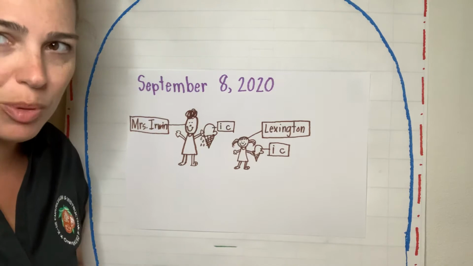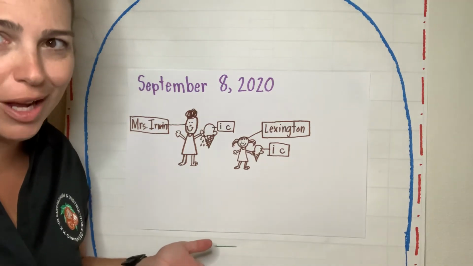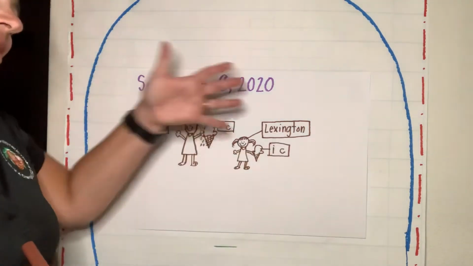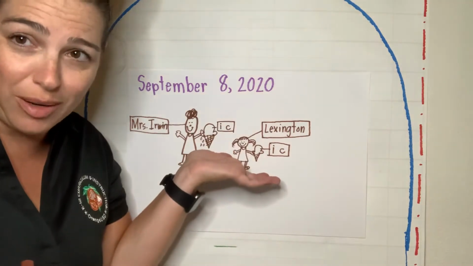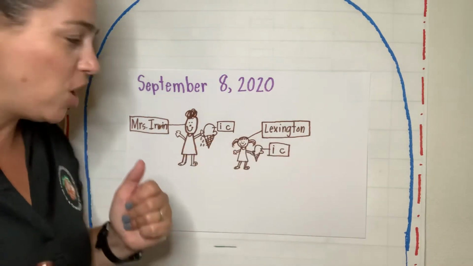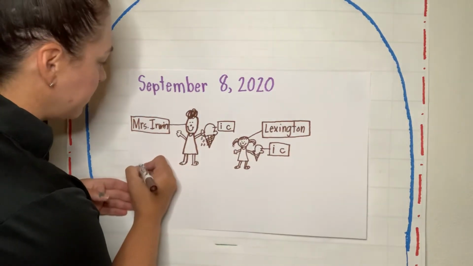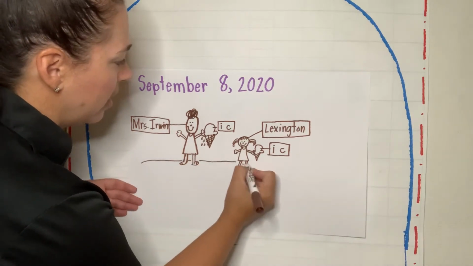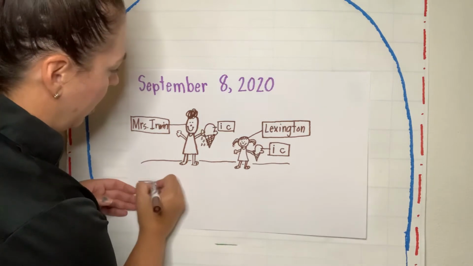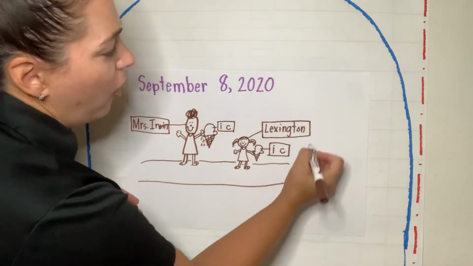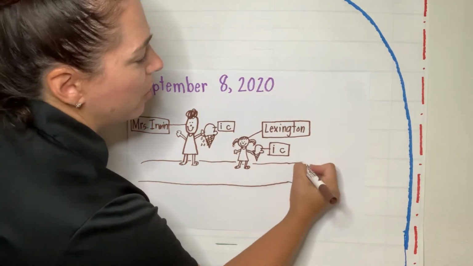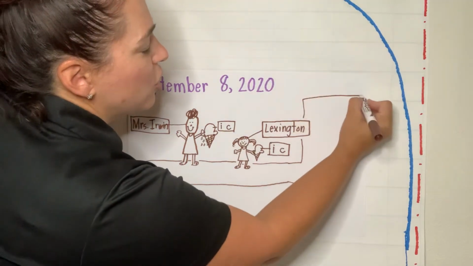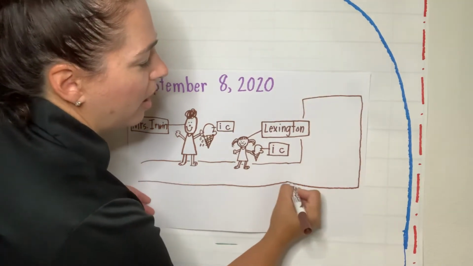But there's a problem. We're still floating, aren't we? And you can't tell that I went out for ice cream, can you? No. So let me draw the sidewalk. And over here, I'm going to draw the ice cream store.